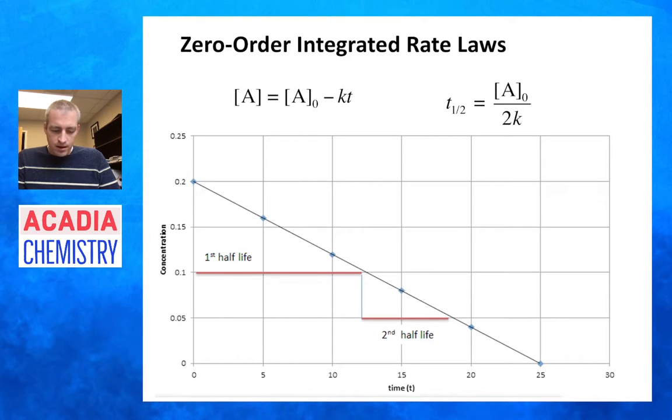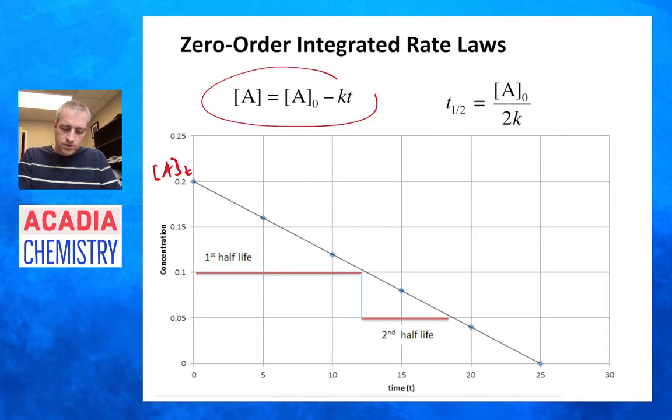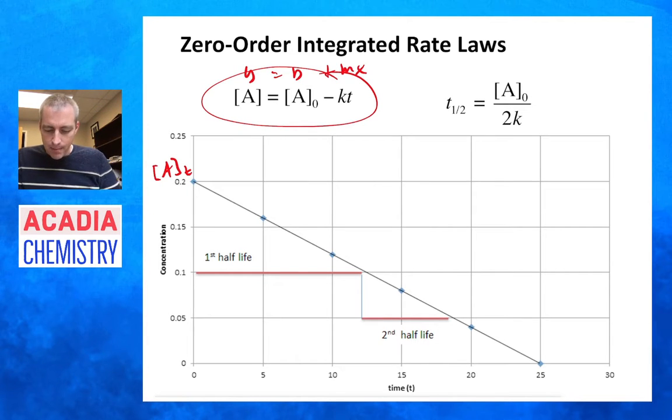The integrated rate laws, remember this is a plot showing our concentration of A versus time down at the bottom. It's a straight line. This equation is a straight line. y equals b plus mx, where m is the slope, which is minus k.